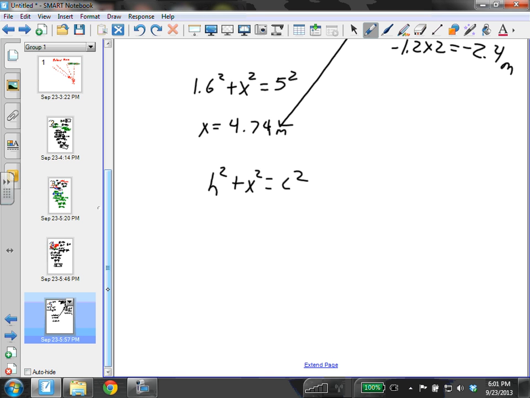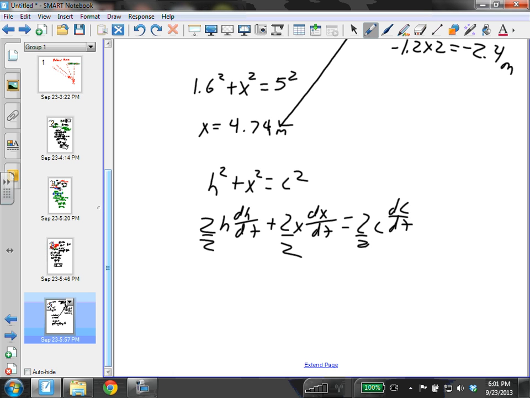So if we take the derivative with respect to time, we get 2h dh dt plus 2x dx dt equals 2c dc dt. And I'm once again going to divide by 2 and cancel those everywhere so that we have h dh dt plus x dx dt equals c dc dt.